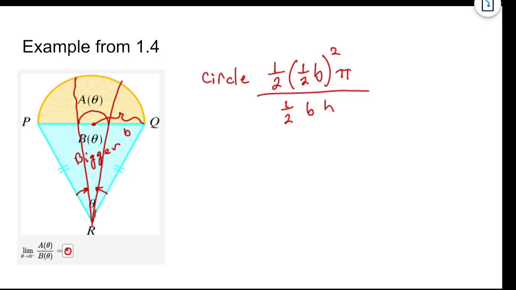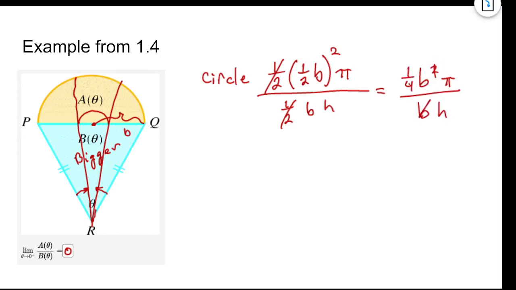But then when you multiply all this out, the 1/2s cancel. We square this and we get 1/4 B squared pi over BH. Now that 1/4, the way fractions work, this will push the 4 down to the bottom.